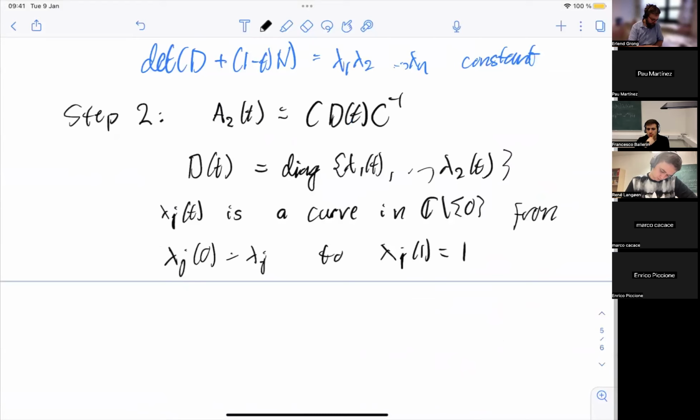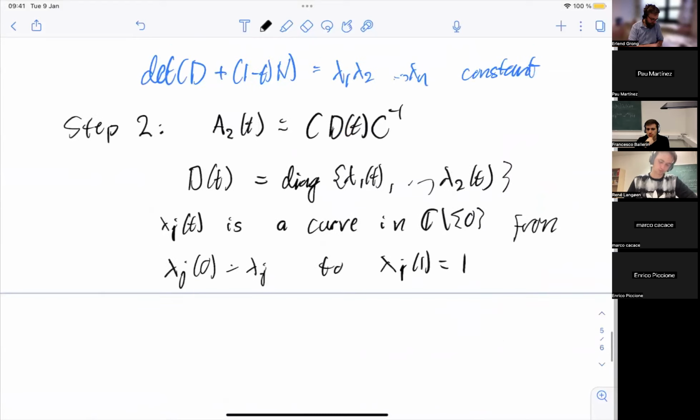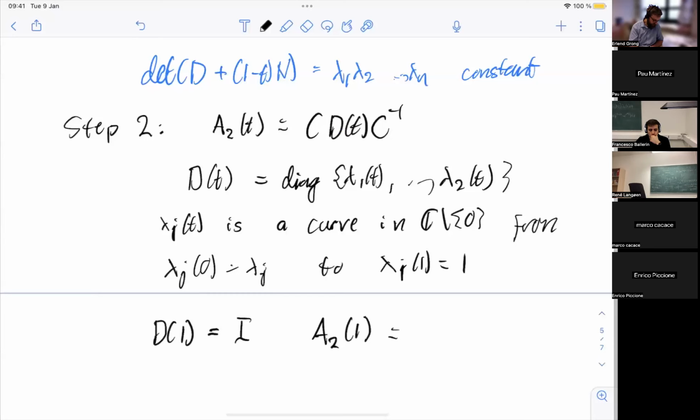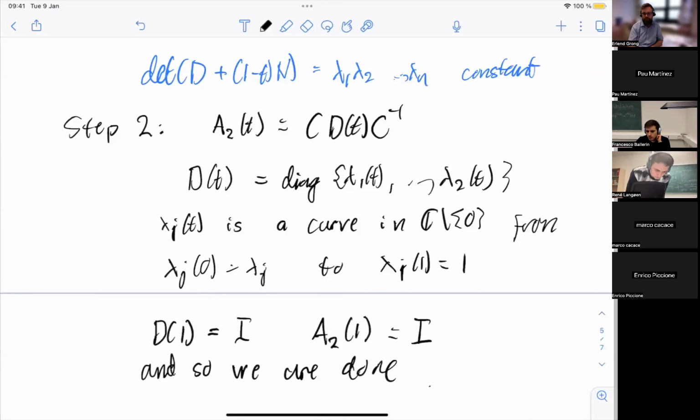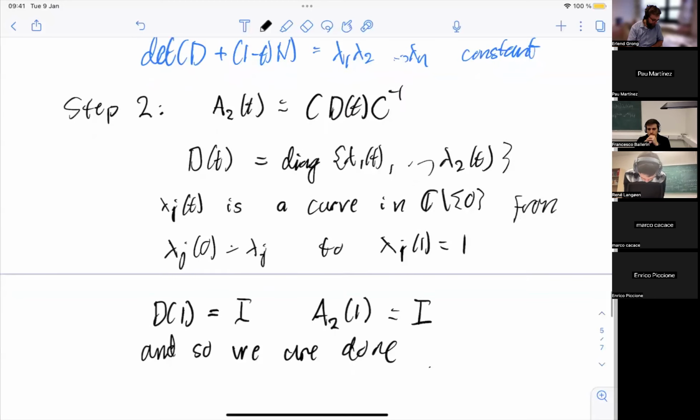So that means that for any diagonal matrix, I can change the eigenvalues in a way such that they never become 0, and such that they go to 1. And so that means that the D at time 1 is just the identity matrix, and that means that A at time 1 is also the identity matrix. And so we are done.